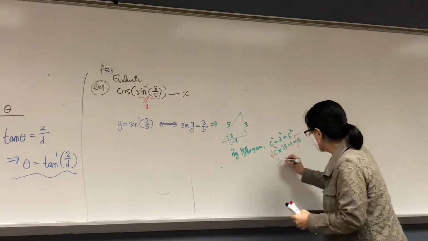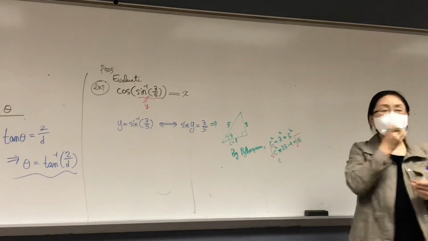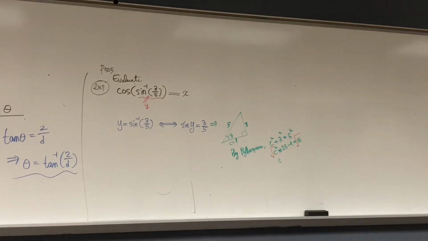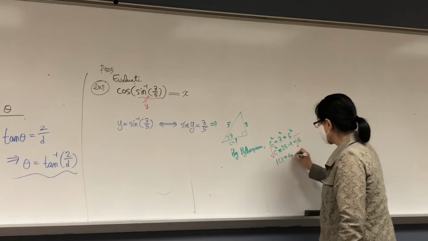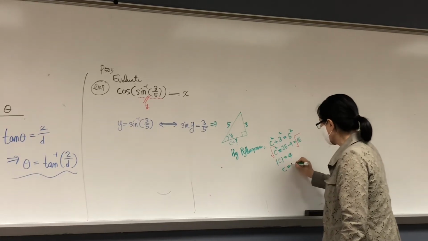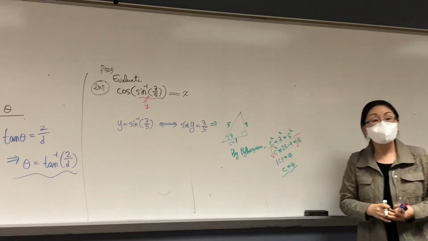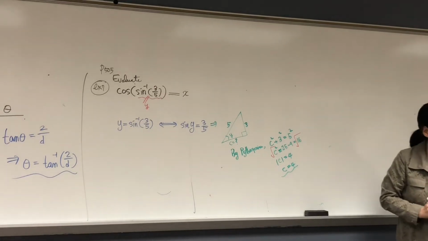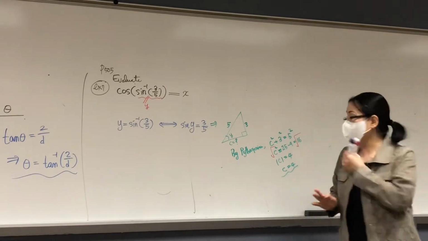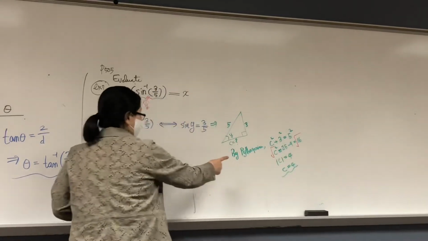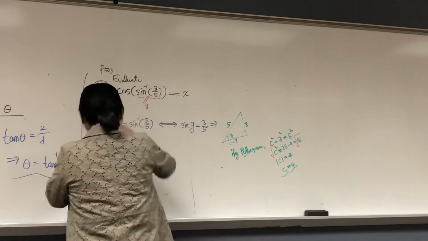So C equals 4. In this case, we keep only the positive value, because it is a length. Everything is positive, so this is an easy case. Now go back here.